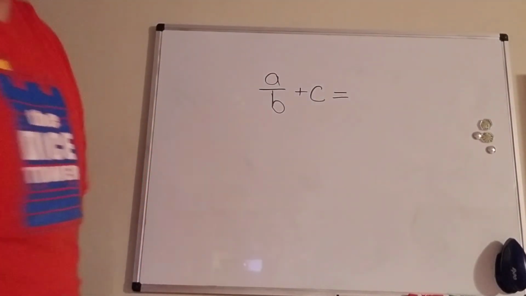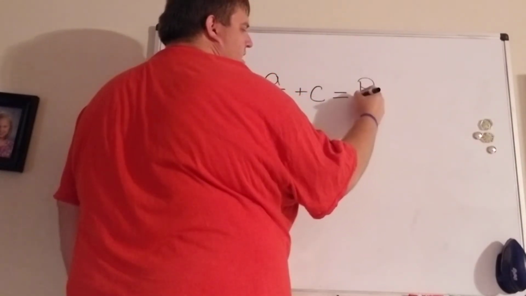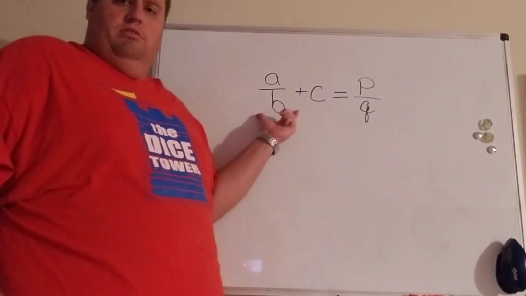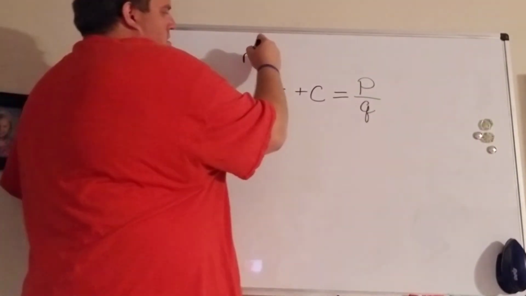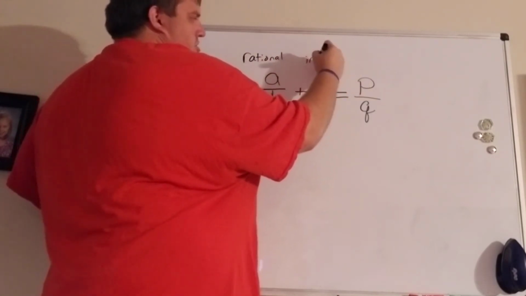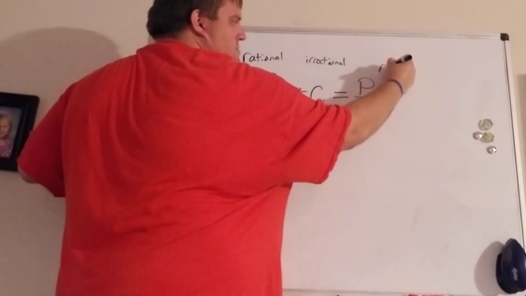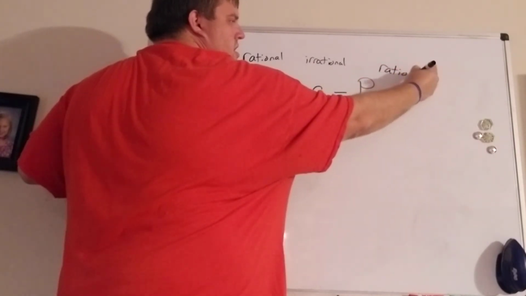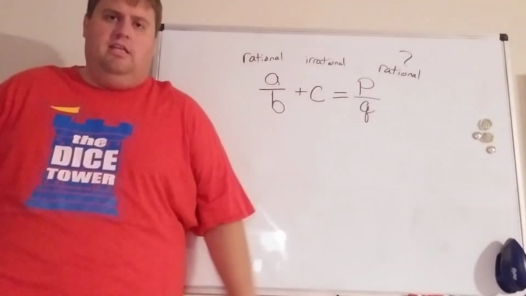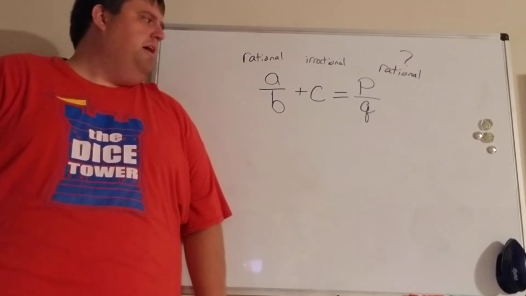It uses P and Q. Let's use P and Q. So we're going to assume that it gives us P over Q. So some rational plus an irrational, we're going to assume gives me a rational. And we're going to put a question mark over that because it's an assumption that we're going to make.